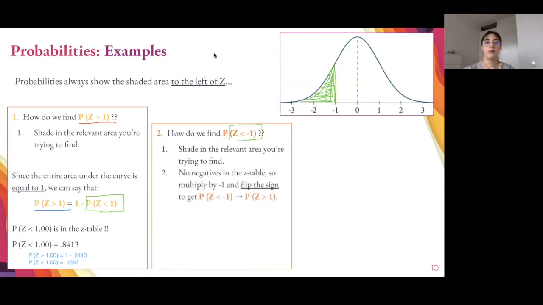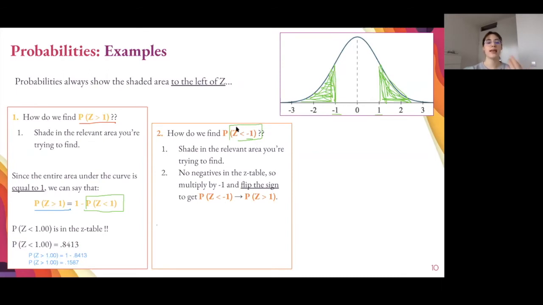Because the probability that z is less than -1, this green area, is just like saying the probability that z is greater than +1. The areas are the exact same because this standard normal distribution is perfectly symmetrical. -1 is on one side, 1 is on the other side.